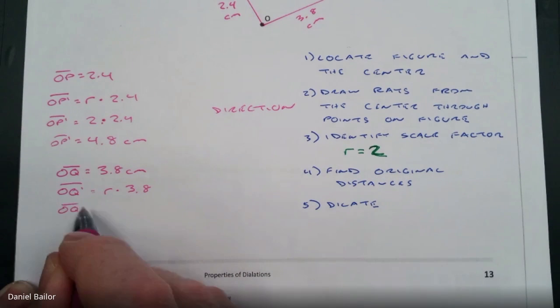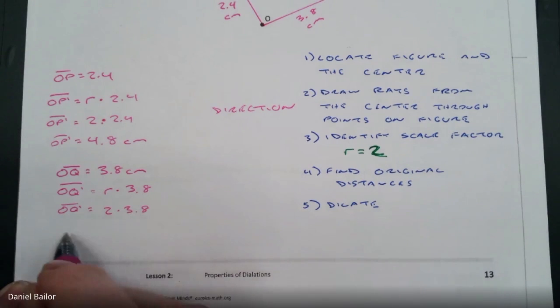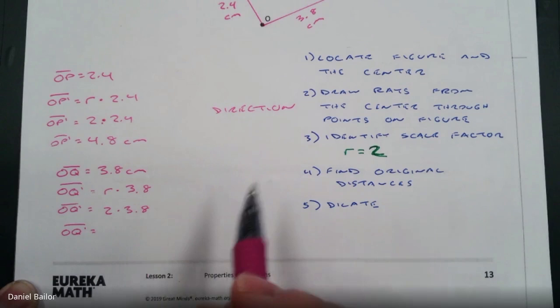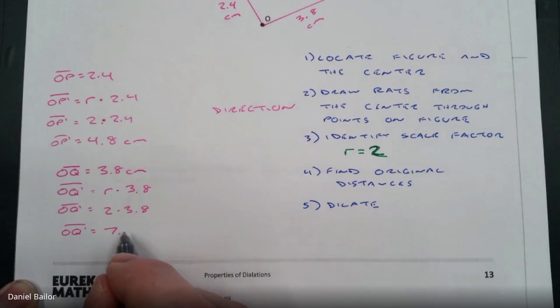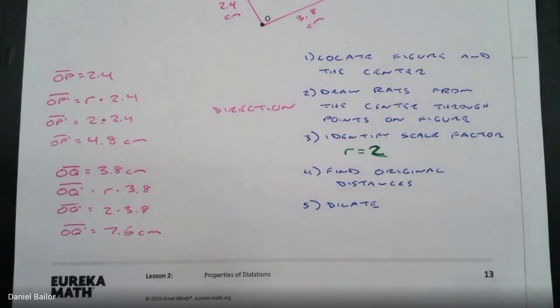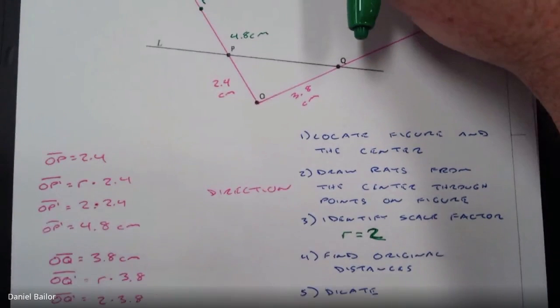Remember, the scale factor was 2, so we do 2 times 3.8, which means the new point after the dilation, after it doubles the length, is going to be 7.6 centimeters. So I need to add that to my diagram.